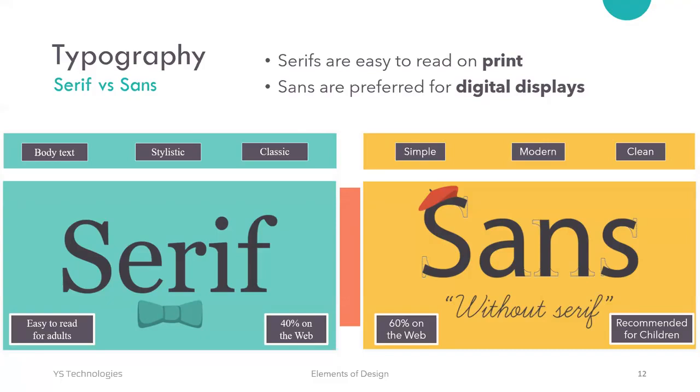Serif fonts are good in printed works not only because they're easier to read, they also tend to clump the words together better. And these serifs help in distinguishing letters from each other, and they also guide the eye to move from one letter to another. So it's more for fast reading.